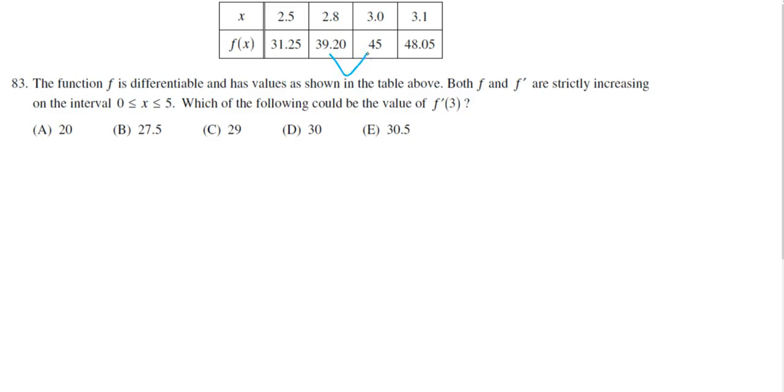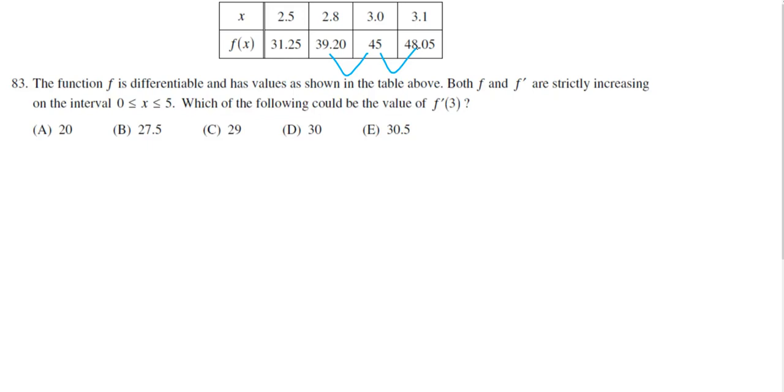So what I can do is find the slope between 2.8 and 3, which is going to be a little bit less than the derivative at 3. And I can find the slope between x equals 3 and x equals 3.1, which is going to be just a little bit larger than f prime at 3, the slope of the tangent line right at 3.